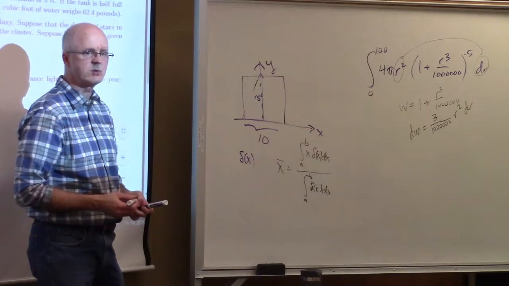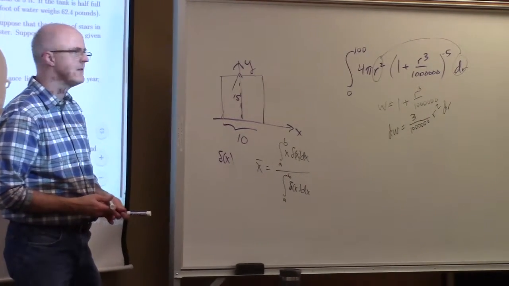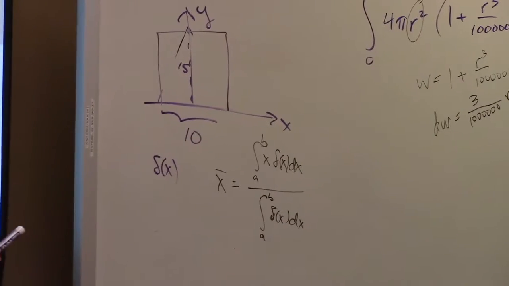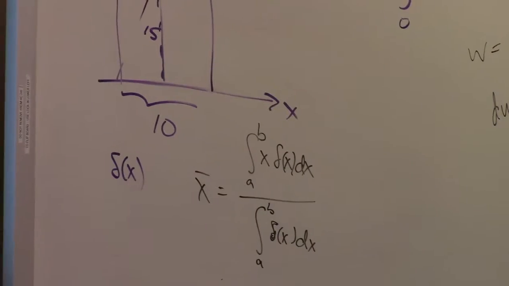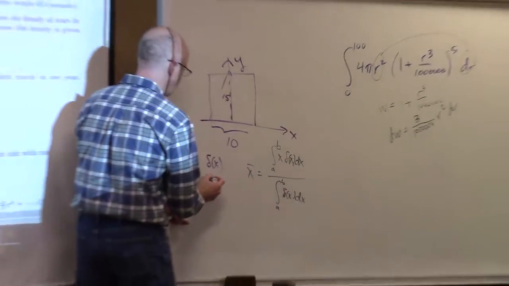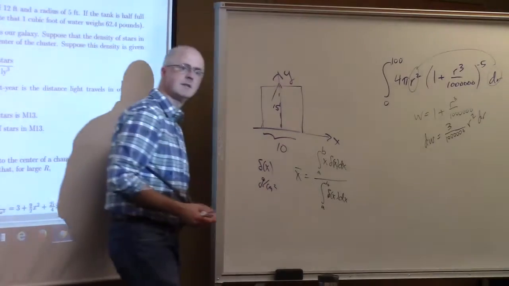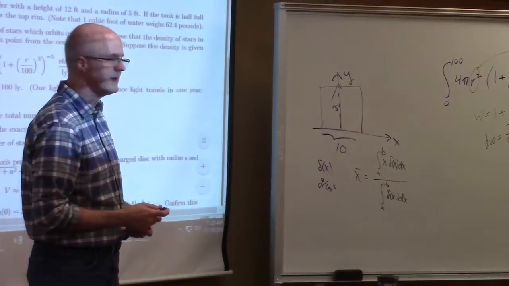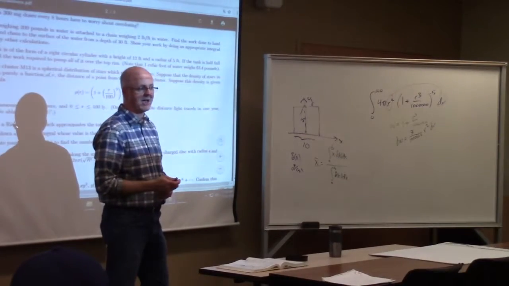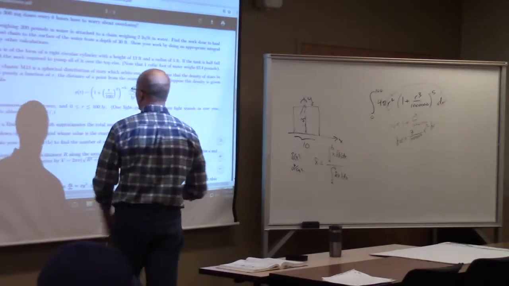Keeping things as simple as possible here. So remind me what delta x is. Delta x is the density, saying mass per unit area of a thin plate. Okay. That would give you the center of mass in the x direction. Try to keep things as simple as possible if I give you a problem like that.